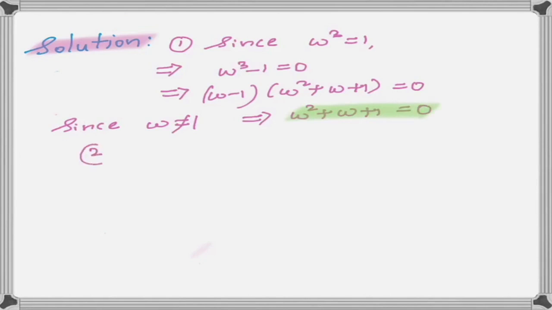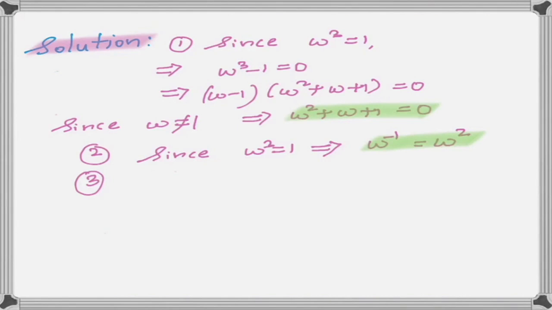The second property which I want to recall is that again, since omega is a cube root of unity, omega cube is equal to 1, this implies that omega inverse is equal to omega square. Also, omega to the power 3k is equal to 1 for every integer k.